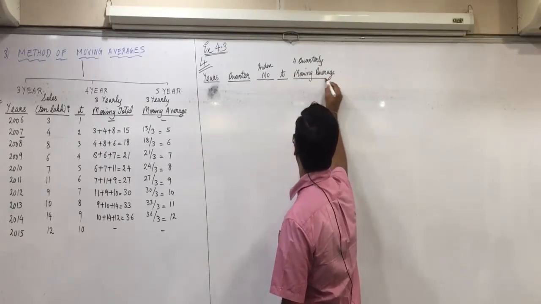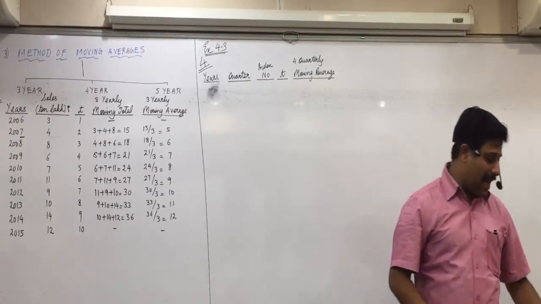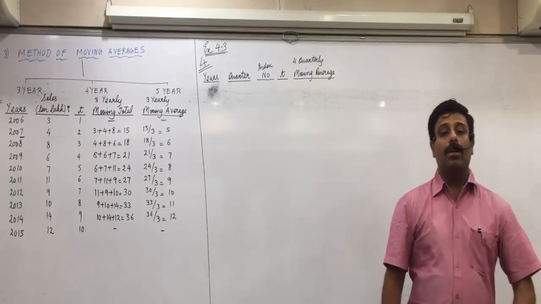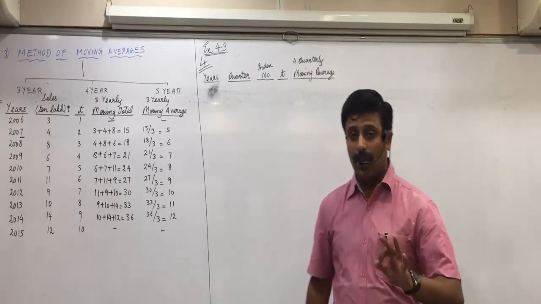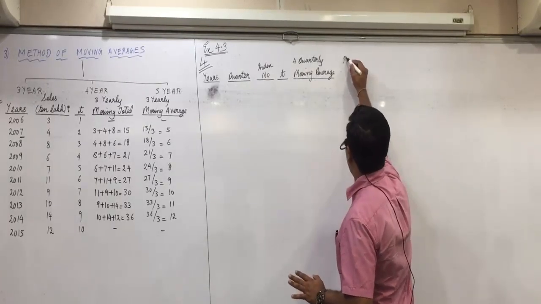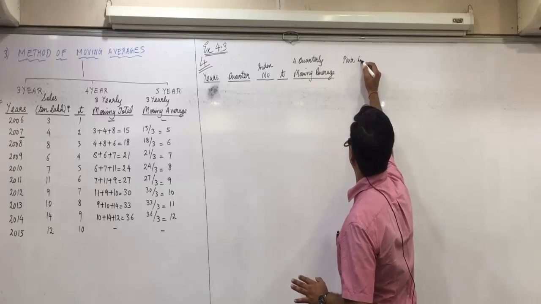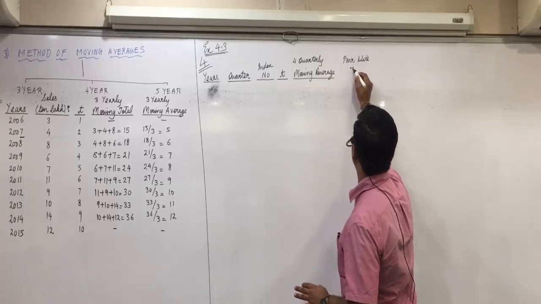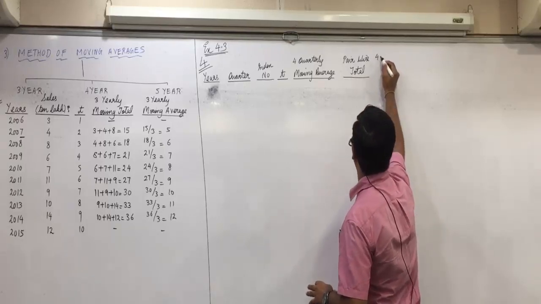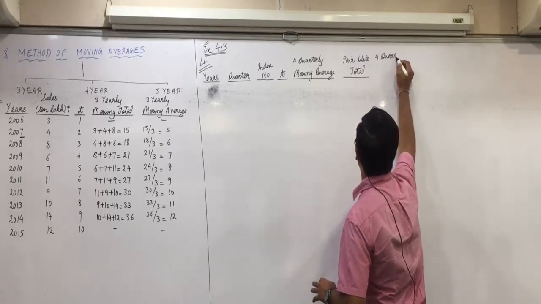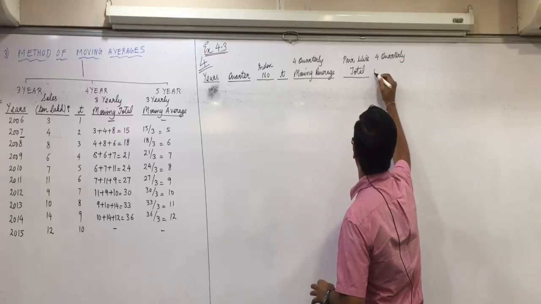One extra column will be the pairwise total, and then the 4 quarterly moving average.